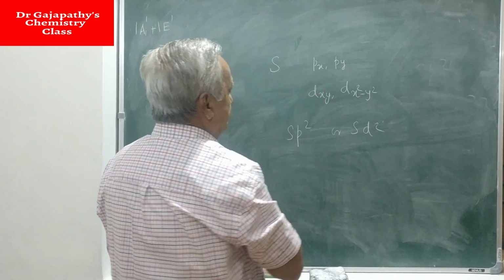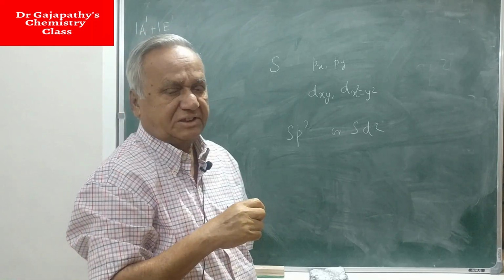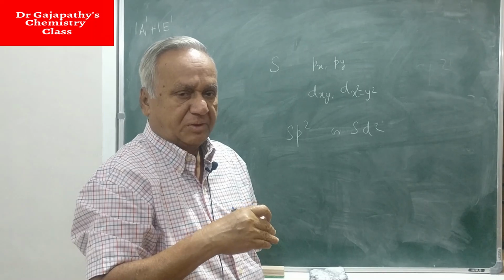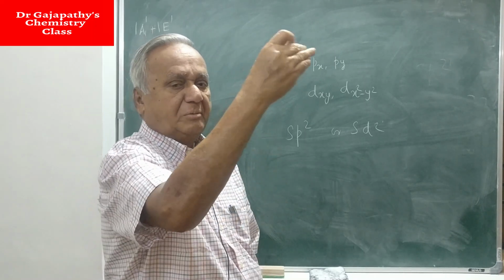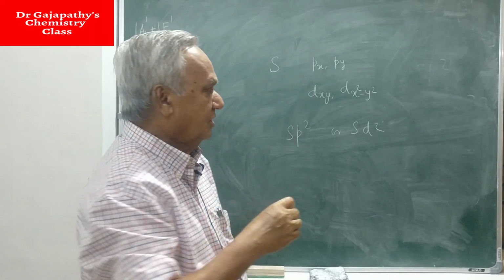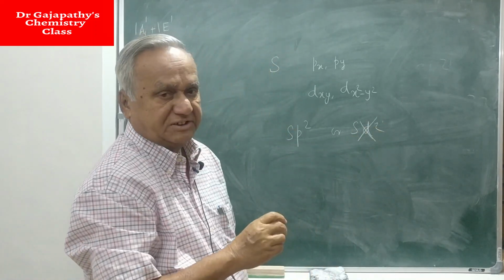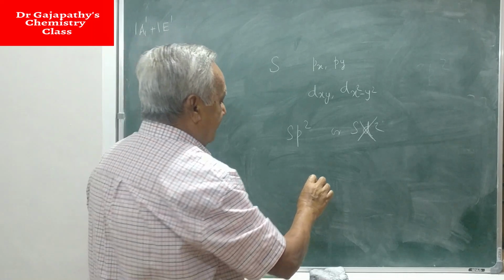Energy considerations tell me that the d orbital is of high energy. You can't promote an electron to the d orbital and involve it in hybridization. So sd2 is ruled out, and the hybridization in boron trifluoride is sp2.